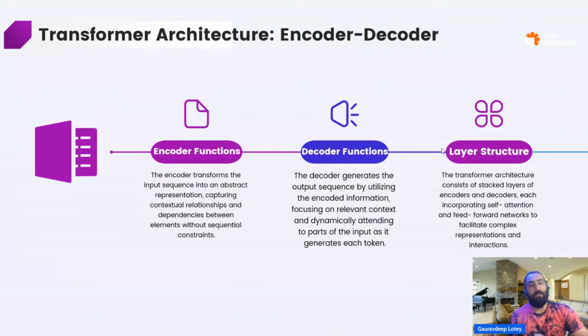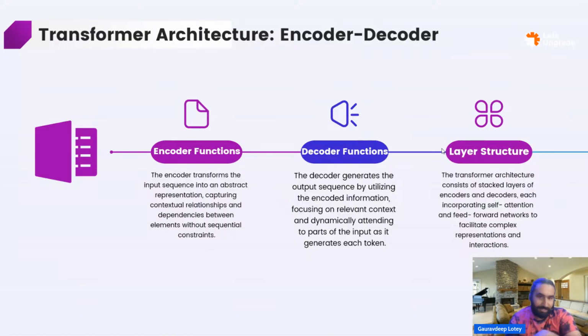On the very left of this diagram, what you see is an input box, which is like your input text. So if I'm asking the transformer, can you write a horror story on traveling in a night bus journey to some hill station? Suppose I'm asking this query.